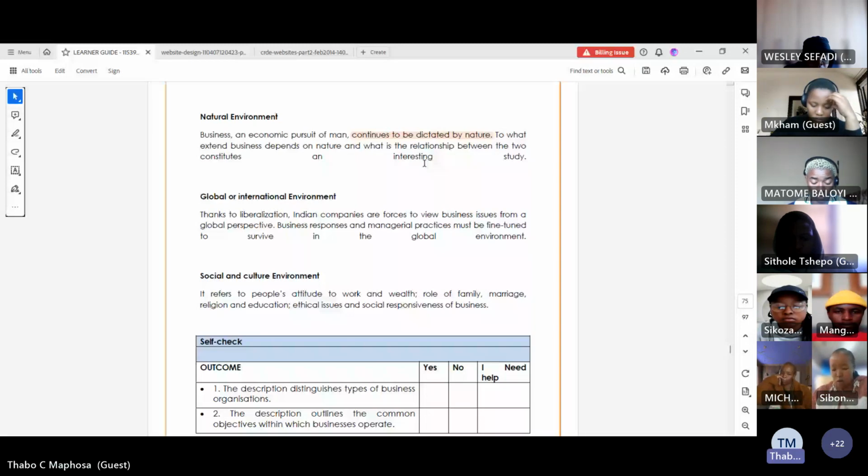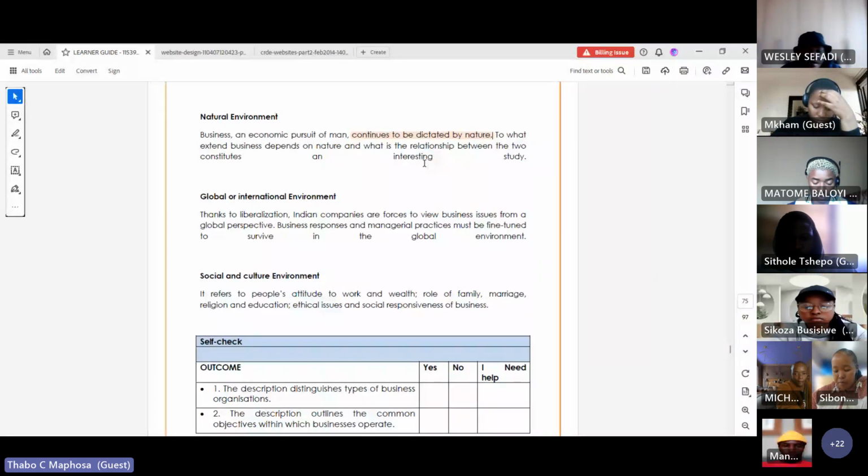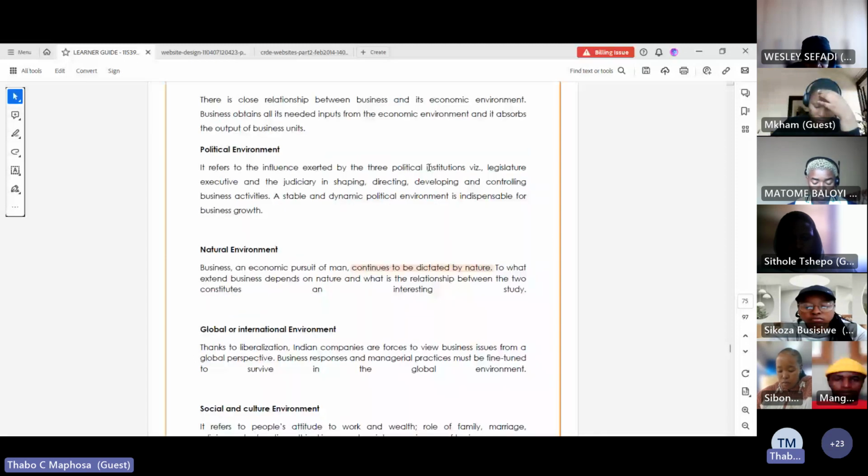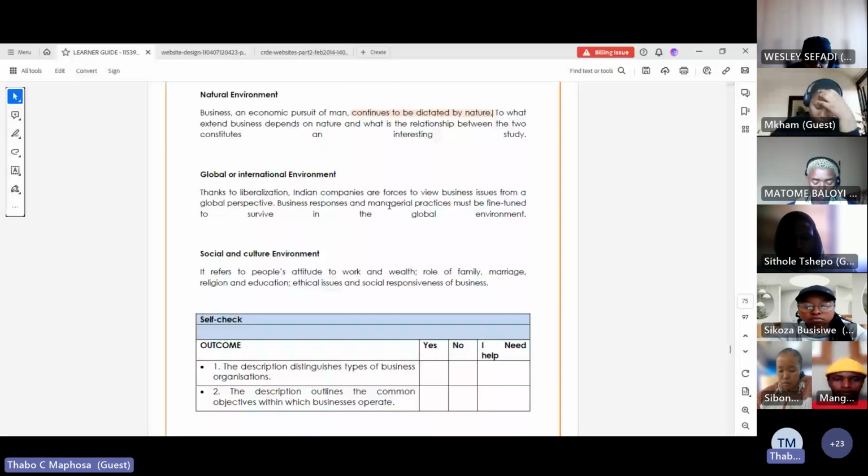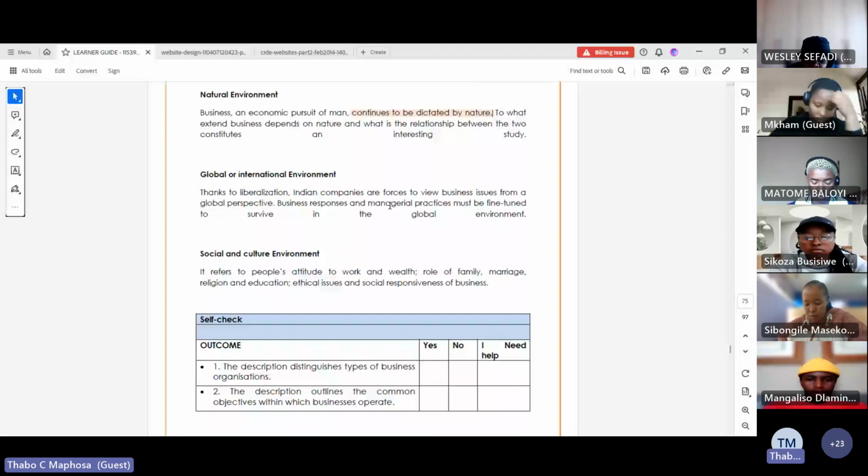For instance, if the government, when it comes to legislation, decides to relax certain legislation in terms of imports, it's going to affect a lot of businesses by allowing these global, international companies to come in and offer certain products at a cheaper cost compared to what the local companies are doing.